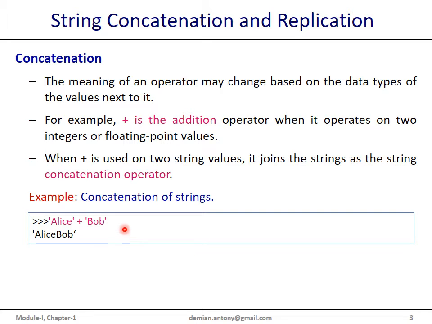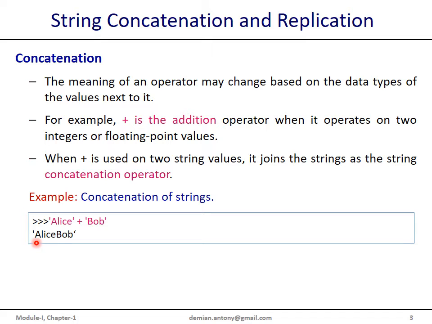Let's take up one example. In this example, we have a string Alice, and the second operand of this expression is Bob, and we have used the operator plus. Here the operator plus acts as a concatenation operator, not as an addition operator, because the operands are of type string.